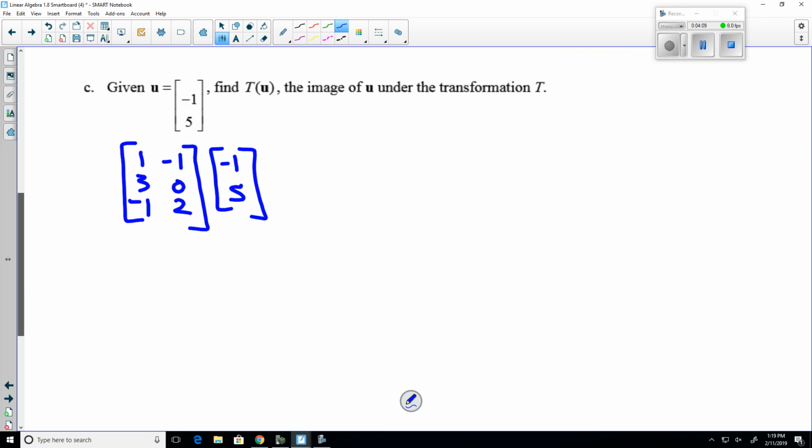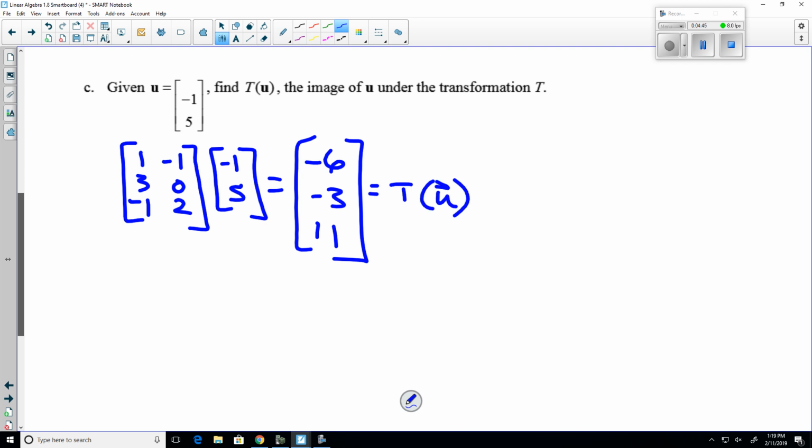So if we multiply A times U, we'll get T of U. We'll get the vector that gets outputted, right? And we did this last time, right? So let me see what we get again, see if we get the same answer. So it's got to be an R3 vector. I'm going to use the dot product method. So I have negative 1, negative 5, negative 3, 0, 1, and 10. Is that what we got last time? Okay, so that is T of U.